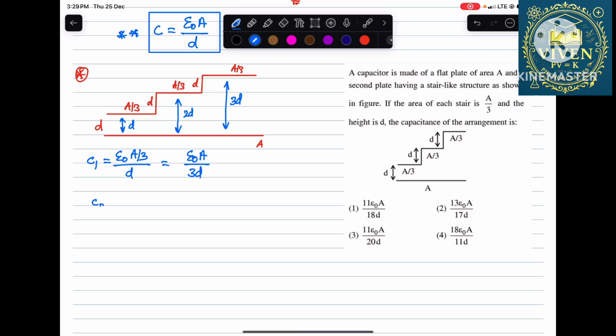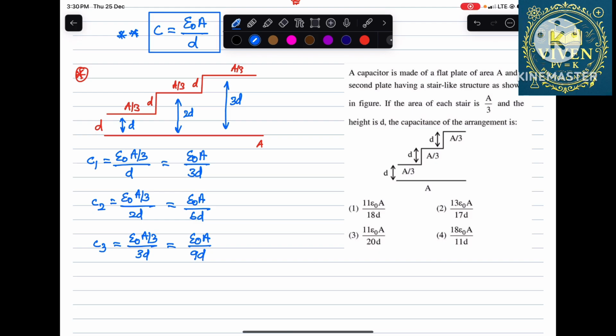Next C2, the middle one, is epsilon naught A by 3 by 2D, so this can also be written as epsilon naught A by 6D. And next C3 can be written as epsilon naught A by 3 by 3D, and this can be written as epsilon naught A by 9D.